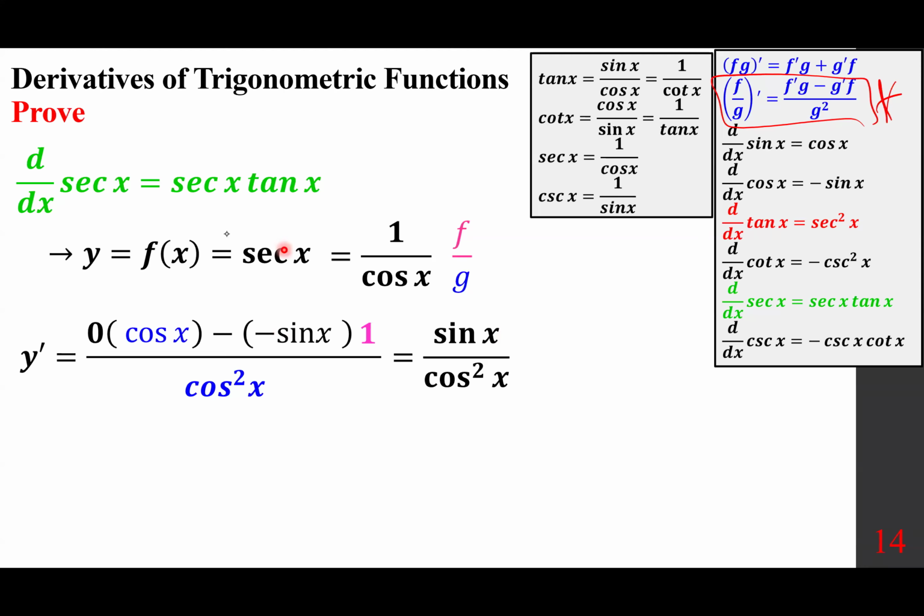So because we want it to look like that, we are going to cut it into two fractions, 1 over cosine times sine over cosine. 1 over cosine is secant x, sine over cosine is tan x, and believe it or not, we just proved d dx of secant x is secant x tan x. Just as we did in trigonometry, we use previous information to prove new information. In the case of trigonometry, new identities.